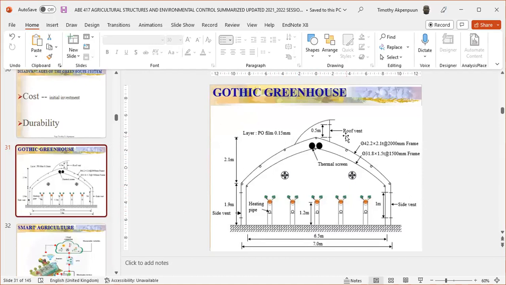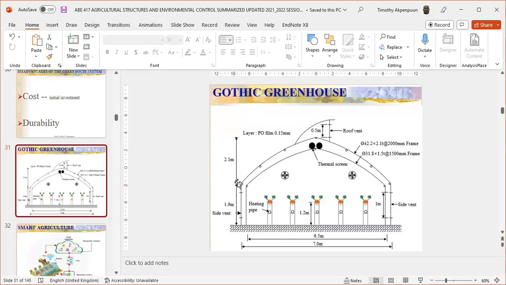You get me? So now, using this greenhouse in a temperate region, which is a cold region, look at these 2 black spots here, standing for what? Thermal screen. When the weather is very cold, even during the day or during the night, one side of this thermal screen rolls back down to the eave, to the 1.9 meters at the edge here.